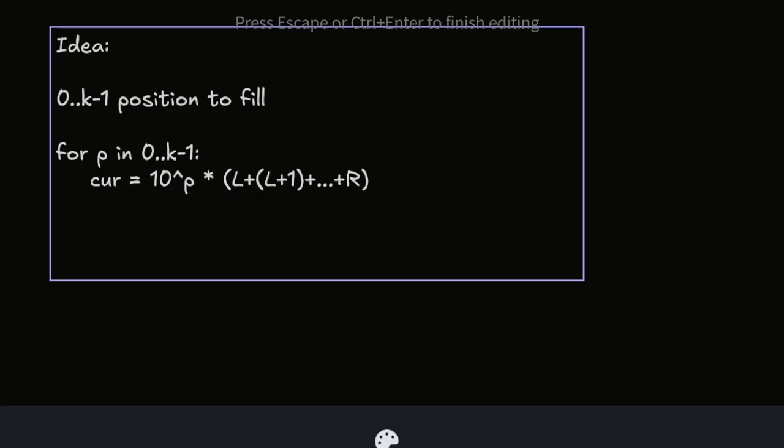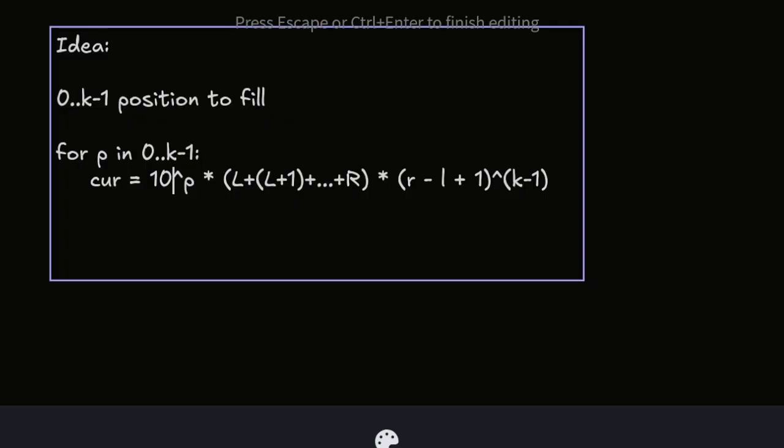Once we have decided both, we also need to think of the permutation for the other positions, right? For the other positions, it will be R minus L plus 1, because this is the number of possible digits that each other position can choose. And the number of other positions is k minus 1, because we have k and we are choosing for p.